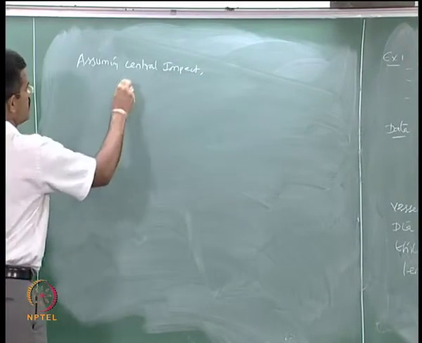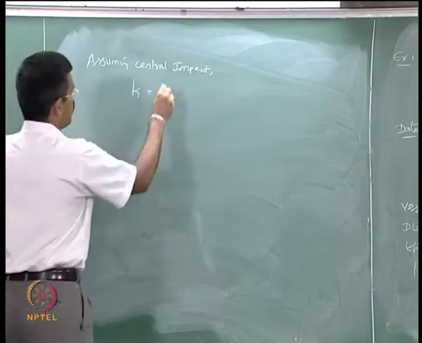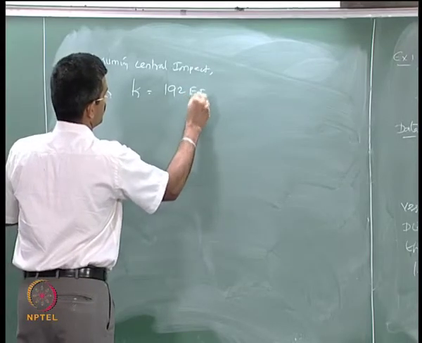K, the stiffness, will be given by 192 EI by L cube.